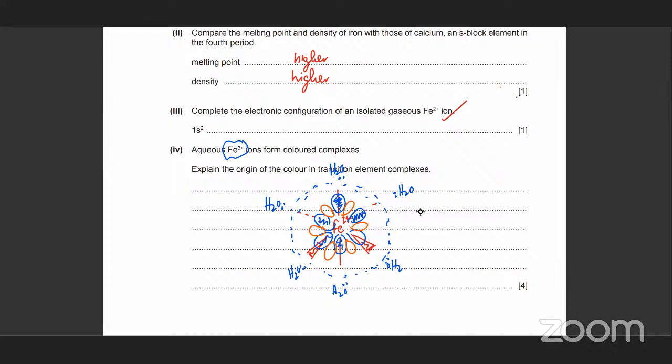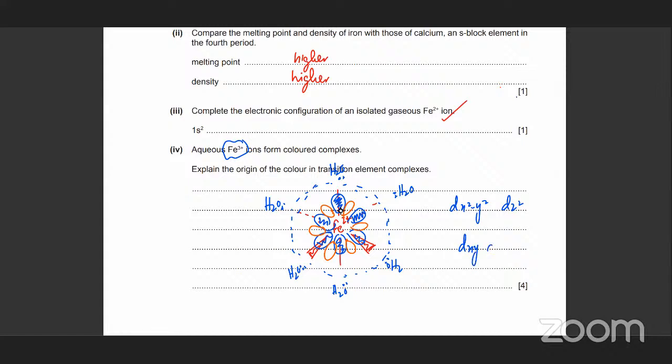So it would be easy to keep electrons in the orange orbitals, but difficult to keep electrons in the blue ones. So what would be the explanation? Due to repulsion from lone pairs on ligands, the d subshell splits into 2 energy levels. If it's an octahedral complex, the ones on the axis would be at the higher energy level, because it's much harder to keep electrons on the axis.